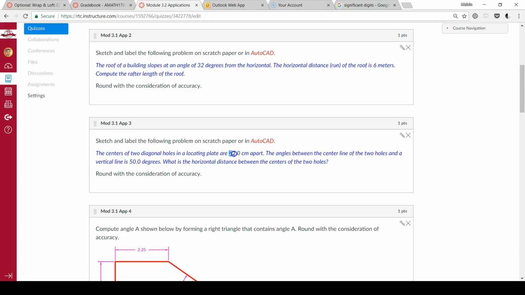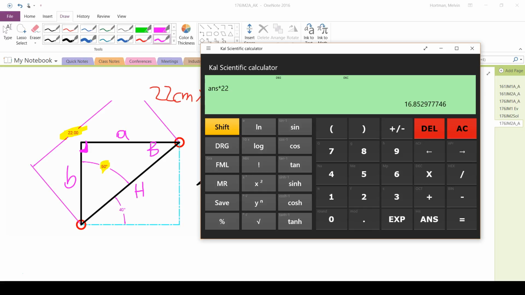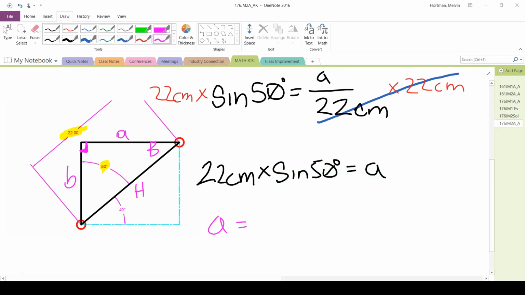So in the 22, I have 1, 2, 3 significant digits. In the 50, I have 1, 2, 3 significant digits. 3 significant digits is the lowest amount of sig figs that I have. So 3 significant digits it is. So my final answer, side A, which is a horizontal side, let me bring my calculator back up, is going to be 16.9.